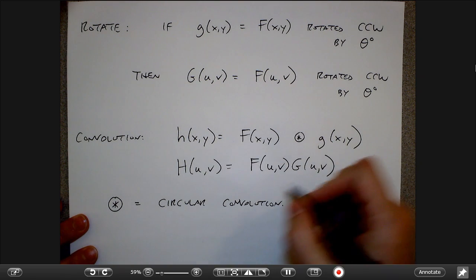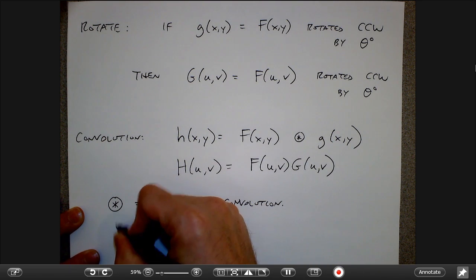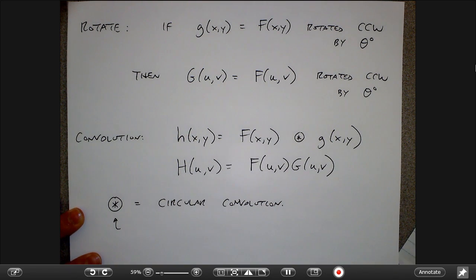And let me just say again, I want to remind you of what this circular convolution means. So let me just draw a picture of that for a second. This is really difficult to do on a piece of paper, and if I had some foresight, I would have brought some transparency material, but I didn't.